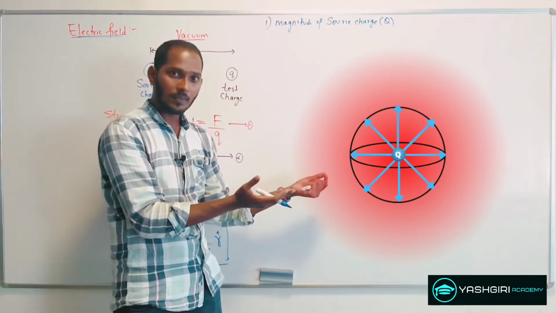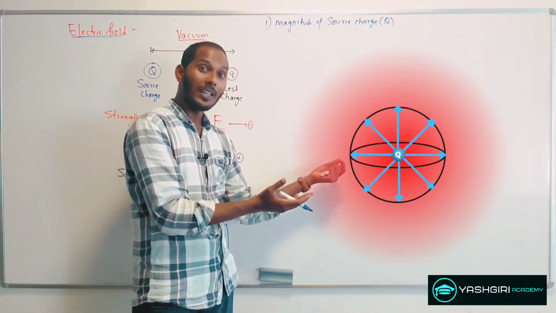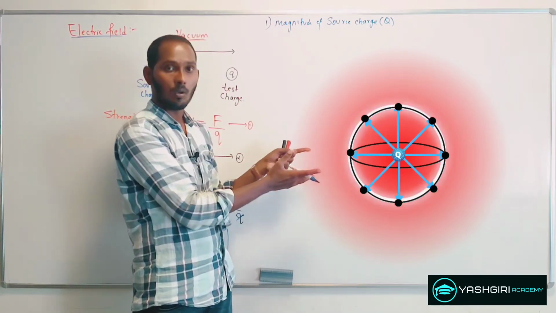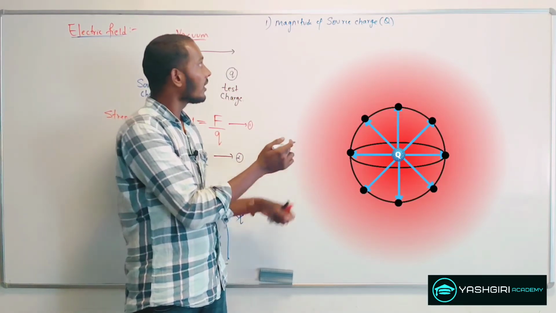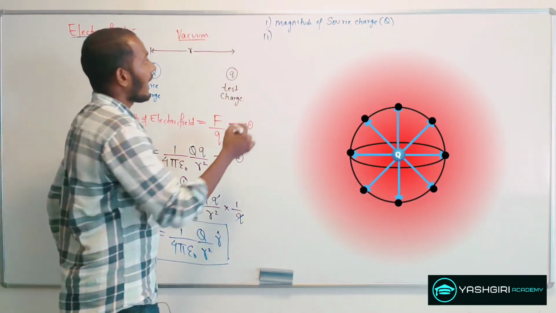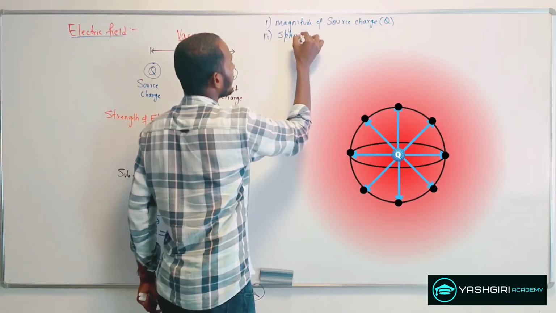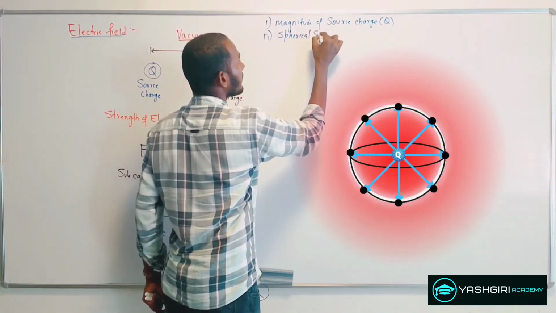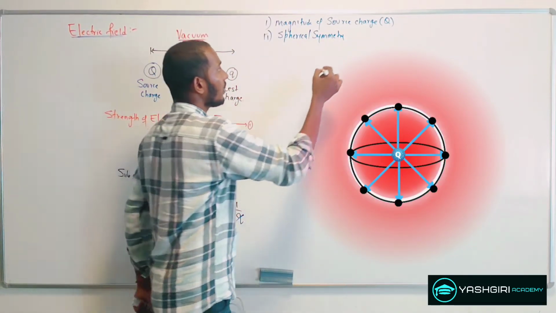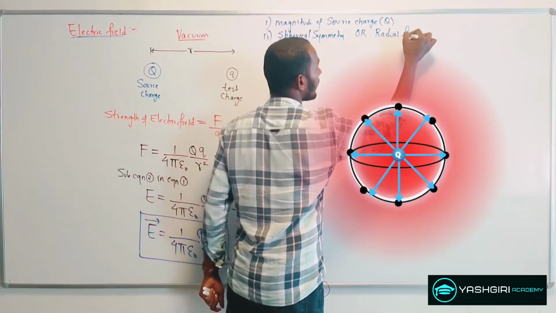In this case, you will get the electric field strength equal in magnitude for all the locations on the entire surface of that hollow sphere. So the electric field shows a spherical symmetry, or we can call this a radial field.